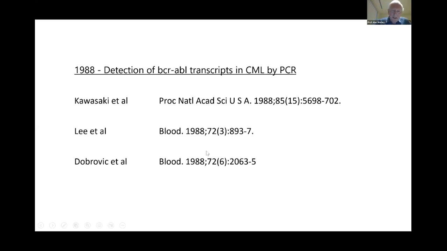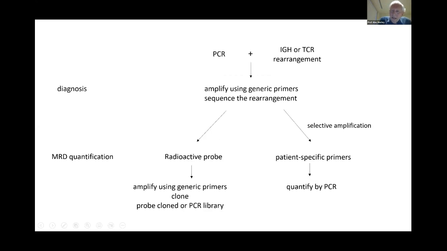We were interested in CML, but we were also interested in using the rearranged immunoglobulin genes, or TCR genes, as molecular targets. This was a more difficult concept, but a number of groups amplified the rearrangement using primers directed towards conserved sequences of the IgH or TCR genes.